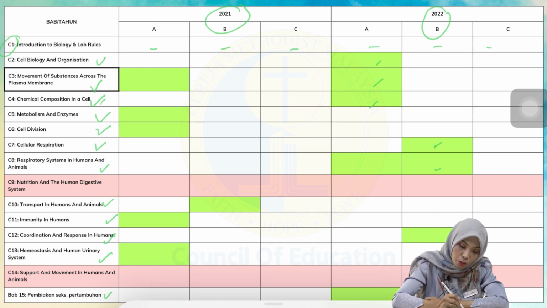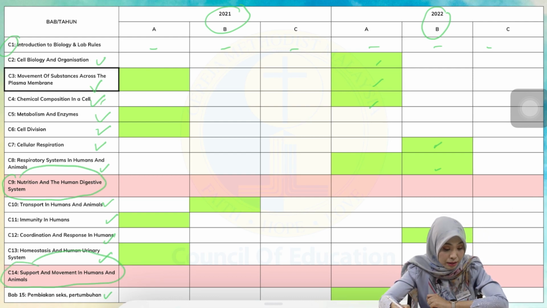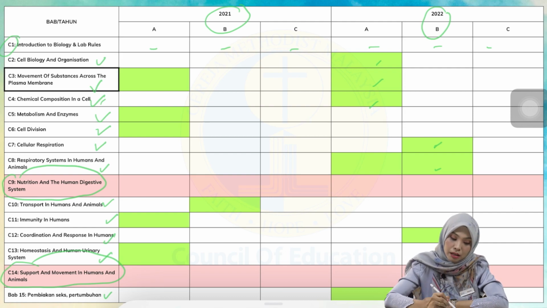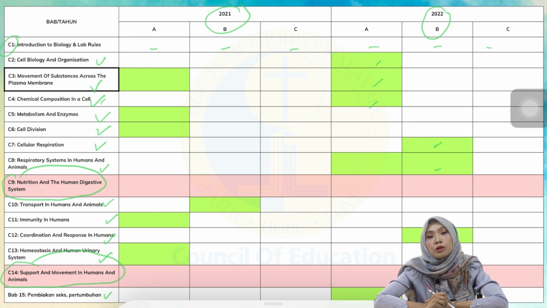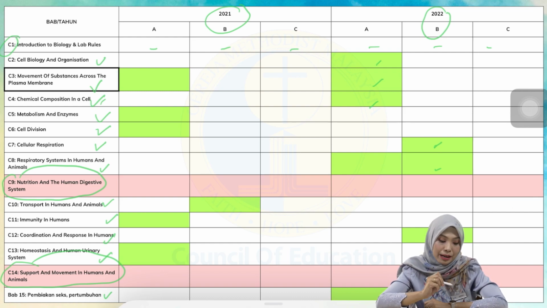And if you notice, Chapter 9 and Chapter 14 are highlighted in pink. This is the surprise: in 2021 and 2022, Chapter 9 and Chapter 14 from the Form 4 syllabus were not tested. That is the reason why I have highlighted these two topics in pink.